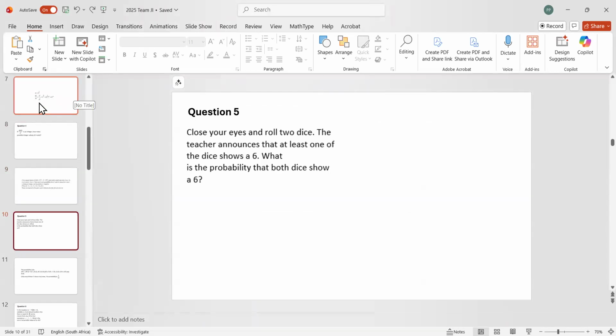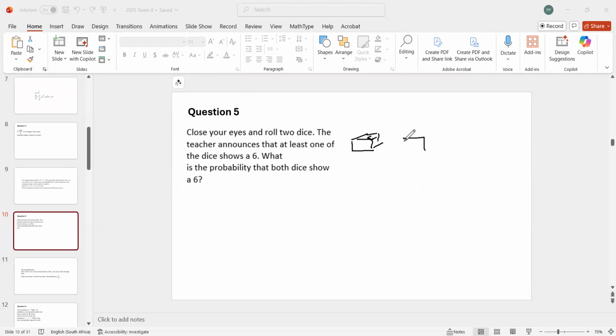Okay, what they are saying here is that you're not supposed to be looking at the dice. Now, the teacher announces that at least one of the dice shows a 6. So you're rolling 2 dice, and one of them is a 6.